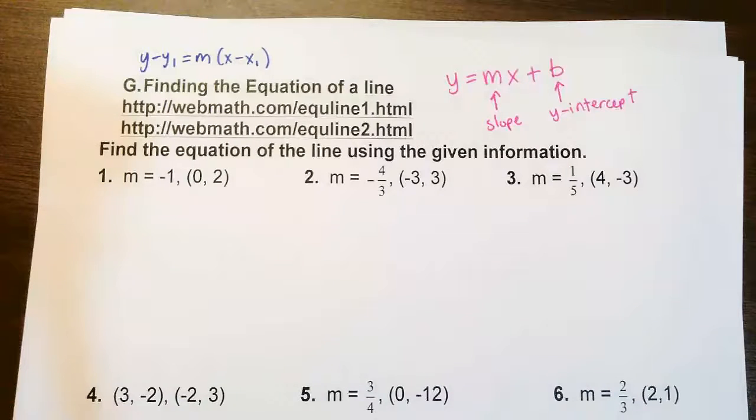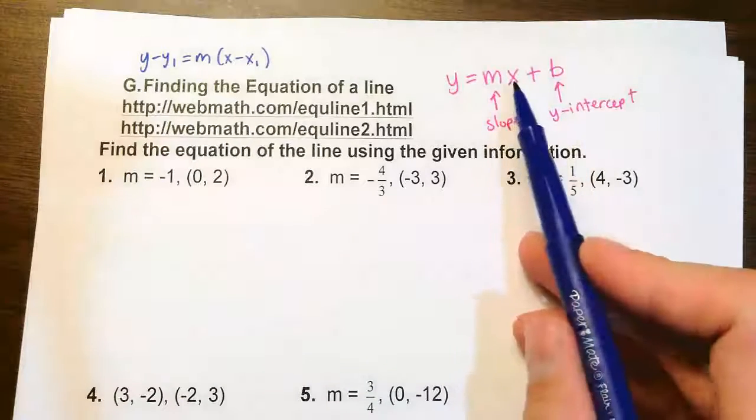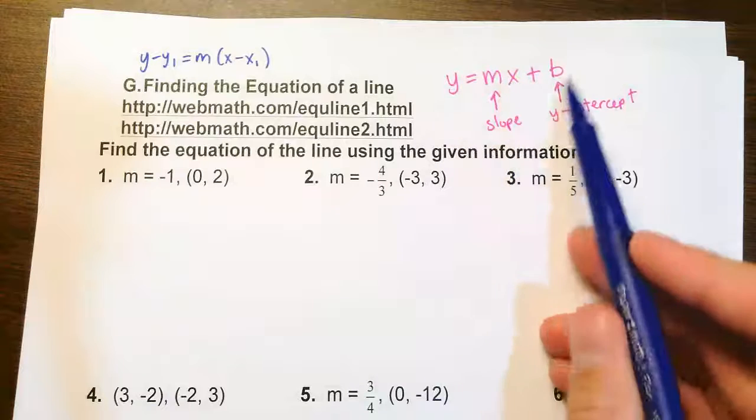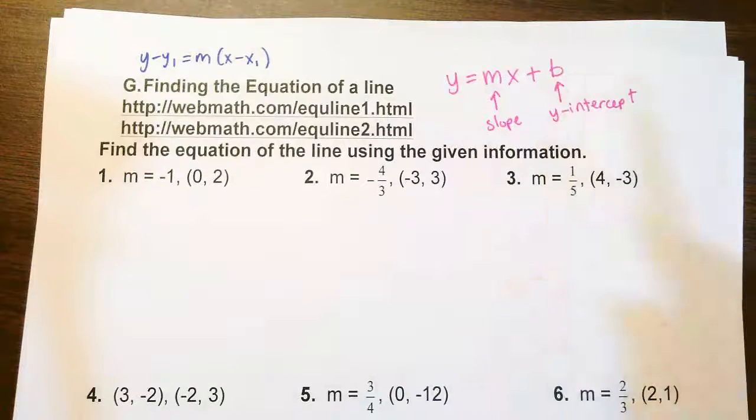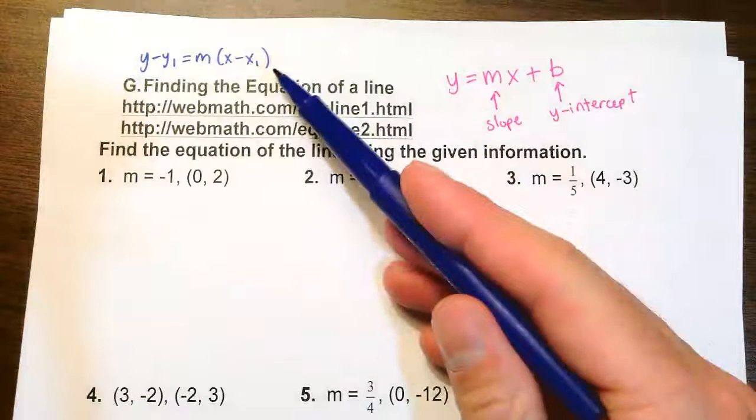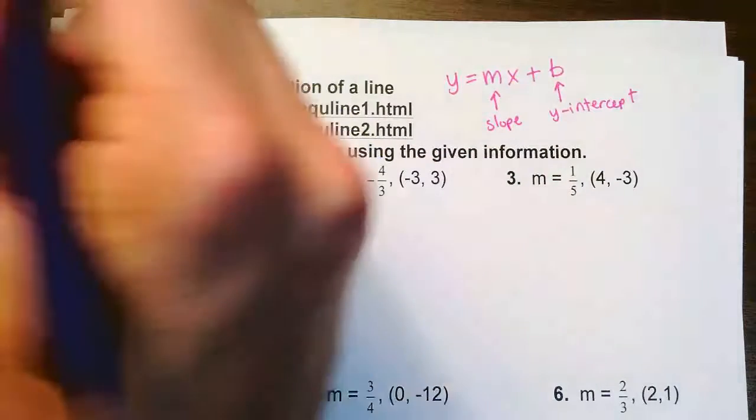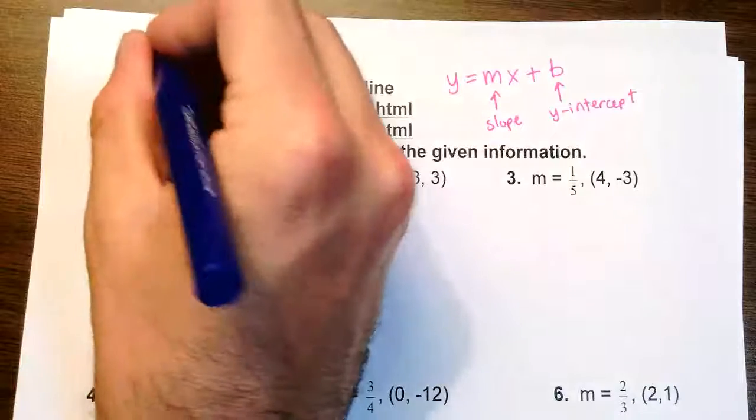But I am going to use the slope and the xy coordinate that I'm given to solve for the y-intercept, and then just write the equation that way. That's probably the way that you were taught first. We will go over this point-slope form later on in the year.